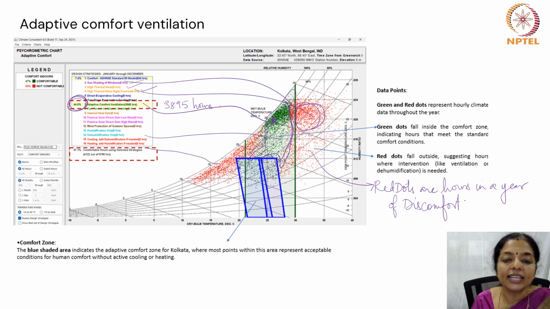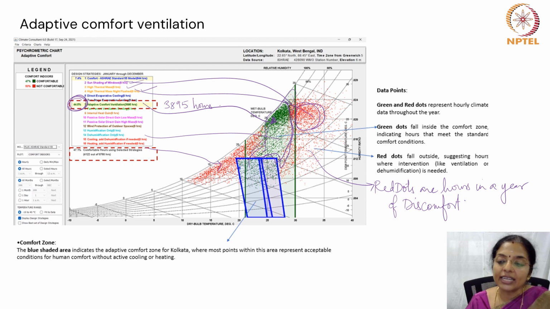So that is what this software will eventually lead us to, and that analysis of what all strategies must be used for a particular climate in order to have how many hours of comfort can be read from a psychrometric chart.